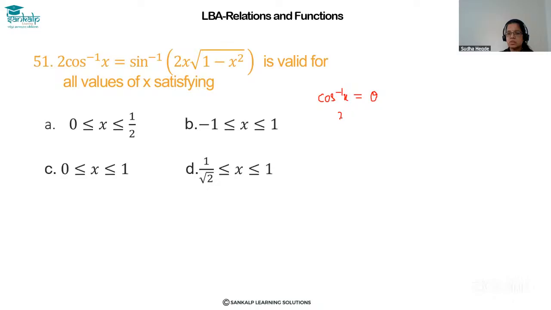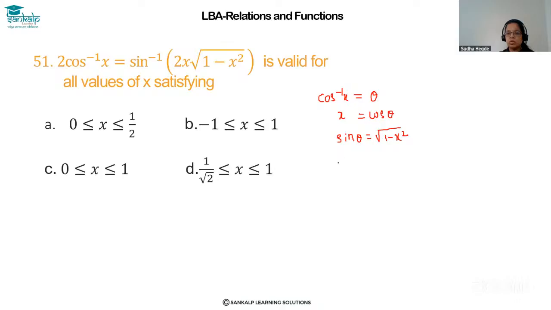Implies x is equal to cos theta. Correct? That implies sin theta is equal to the square root of 1 minus x square. Okay.